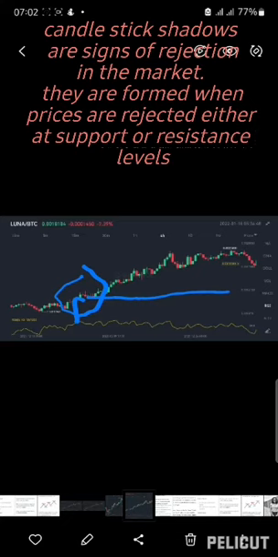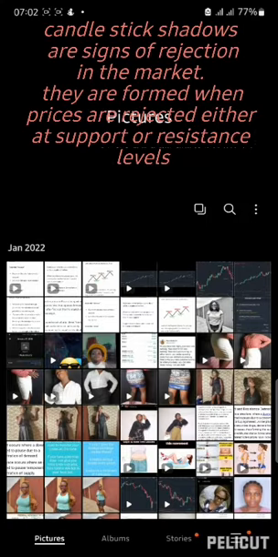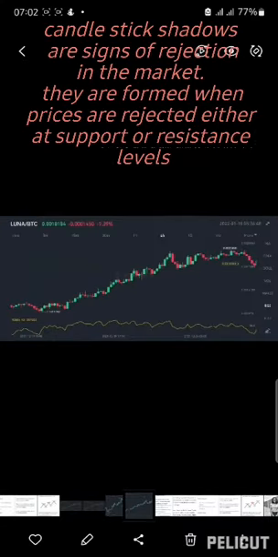After this particular time frame, in the next time frame, if you check the red candle after the green one, there's a tiny red candle after the green one that I used as an example. See the red candle here?